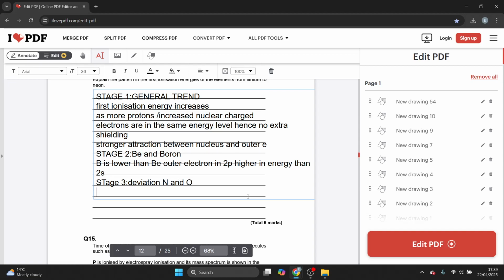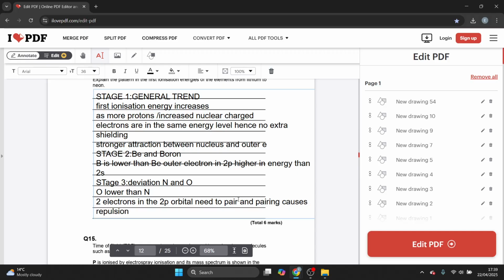Nitrogen and oxygen, probably one you're more likely to remember, the idea that oxygen has a lower ionization energy than nitrogen due to the fact that the 2 electrons in what orbital, state explicitly what orbital it is, in the 2p orbital, need to pair, and pairing causes repulsion.